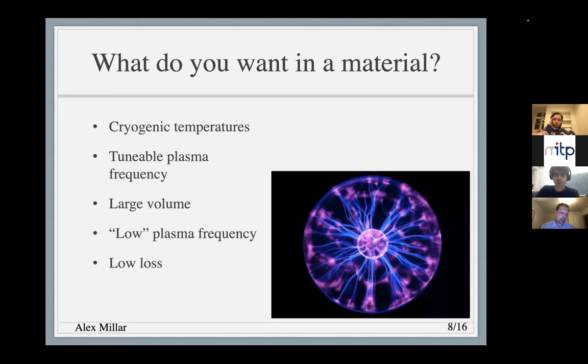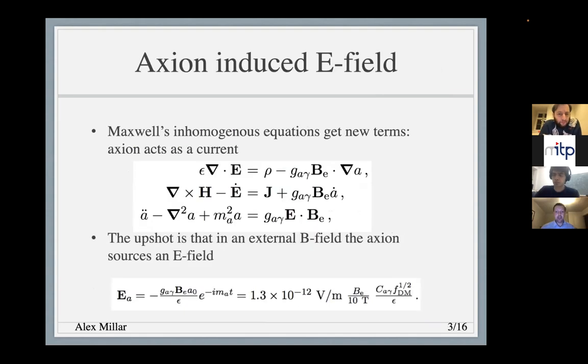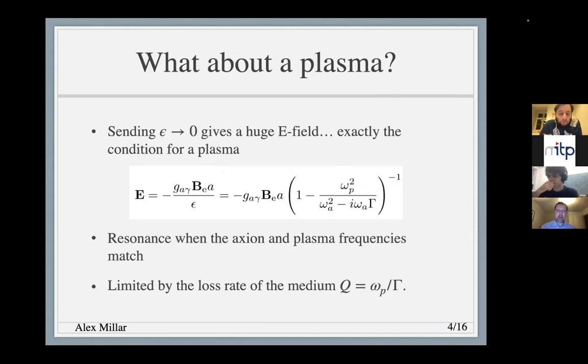Like in many of the previous examples of experiments, you really want a low noise system. I've told you that this electric field is enhanced, but it's still a very small electric field. You need to enhance this by a significant amount, but also have really nice low noise electronics in order to make some sense of this signal.